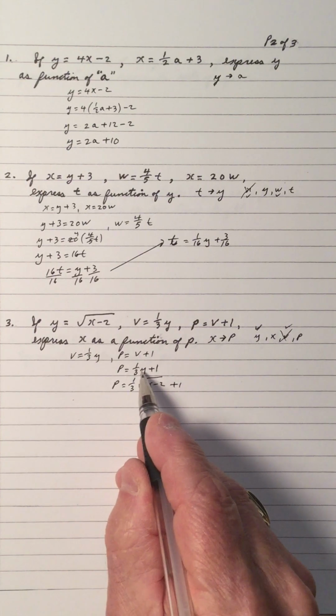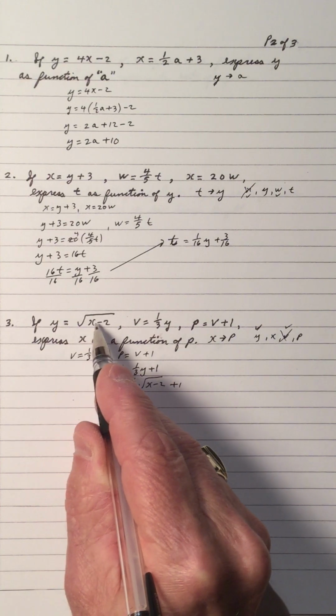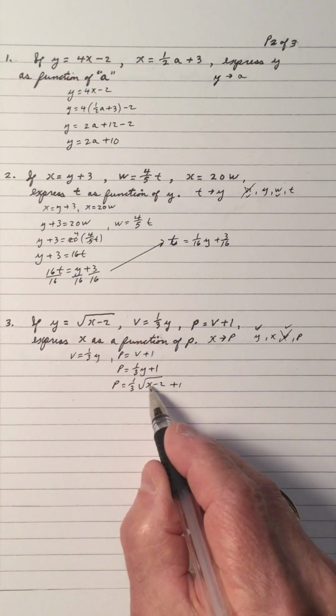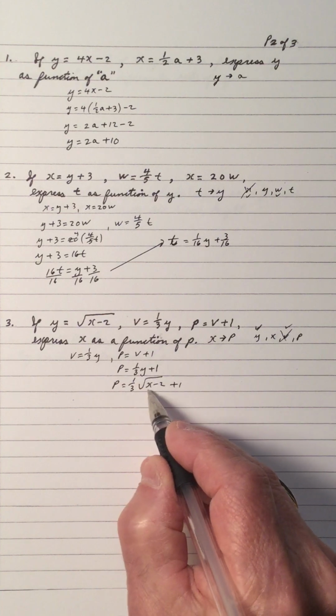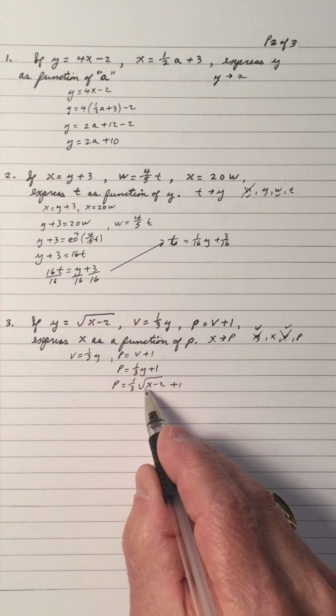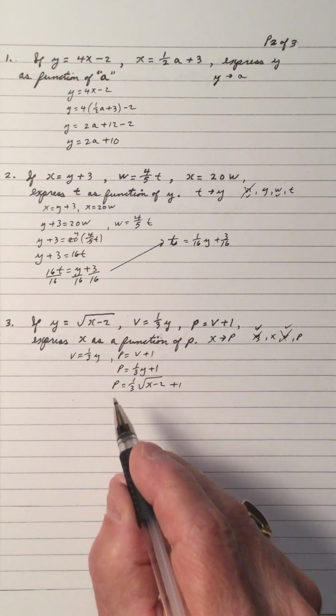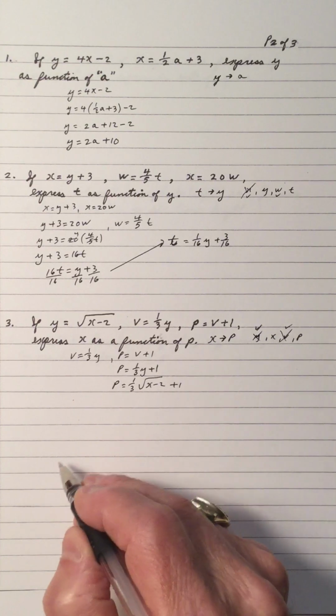Notice I have p and y, but we don't want a y, so we want an x. So we take the y, which is the square root of x minus 2, and sub it in for y. Now we have p and x. So the y is gone, p and x, but we want x as a function of p. Right now I got p as a function of x.